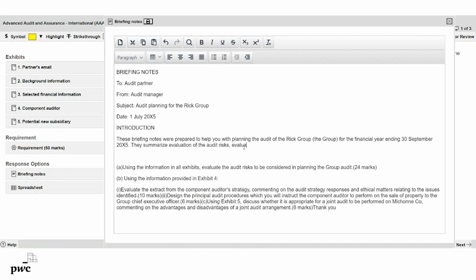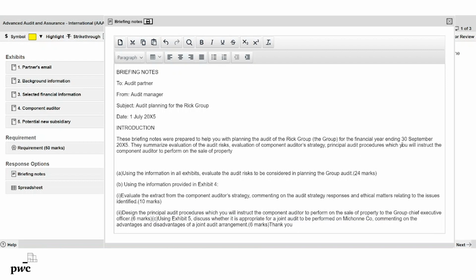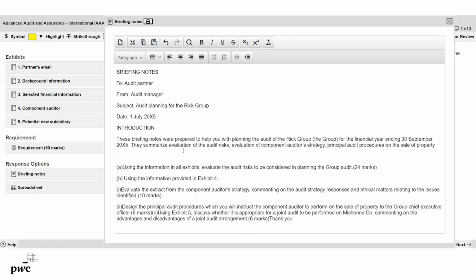So evaluation of component audit strategy. What is in requirement B2 is principal audit procedures on sale of property. Again, I would just make it short, so like that.